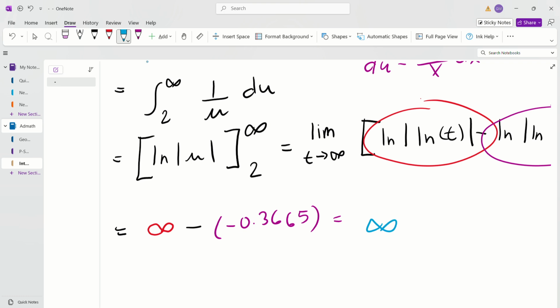Since the answer is infinity, therefore the series diverges. That's how you do the integral test in order to identify whether your series is convergent or divergent.